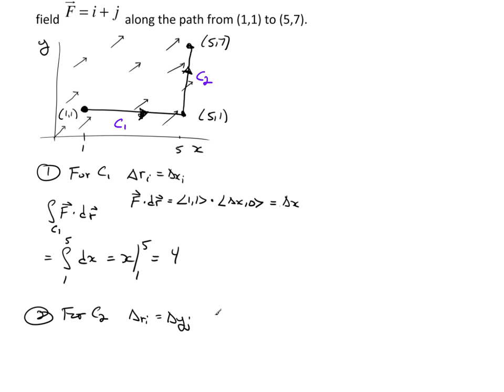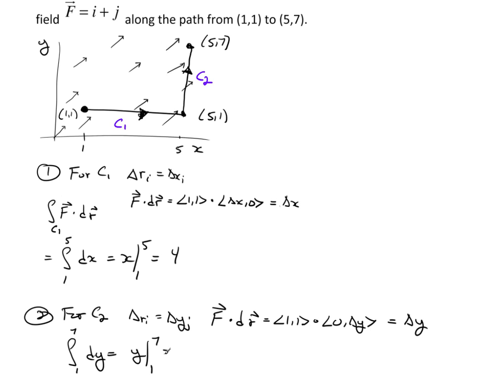So F dot dr is going to equal (1, 1) dot (0, delta y), which is of course just delta y. So then this will give me the integral from 1 to 7 of dy, which equals y evaluated from 1 to 7, which is 6. So when I combine these, I'll get 4 plus 6, which equals 10.